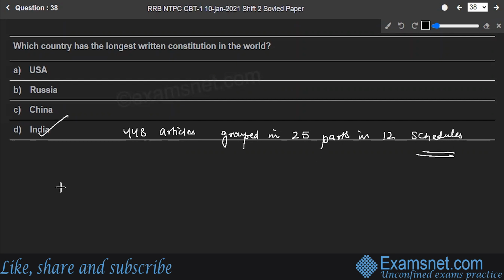There were 395 articles originally in the Constitution of India, and at present we have 470 articles in the Constitution.